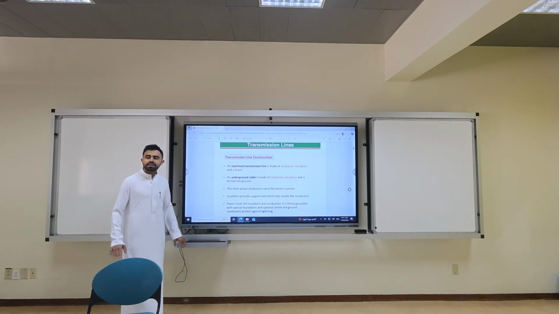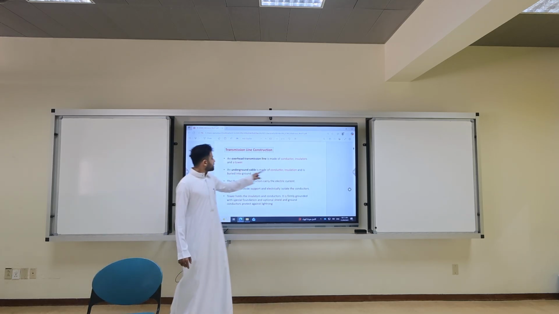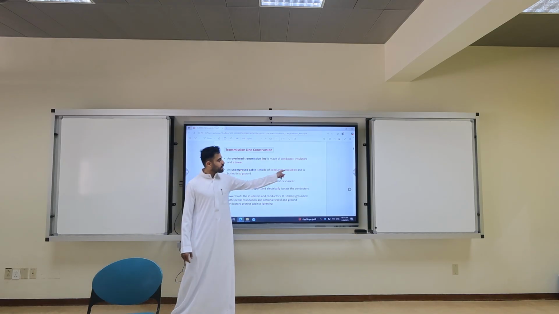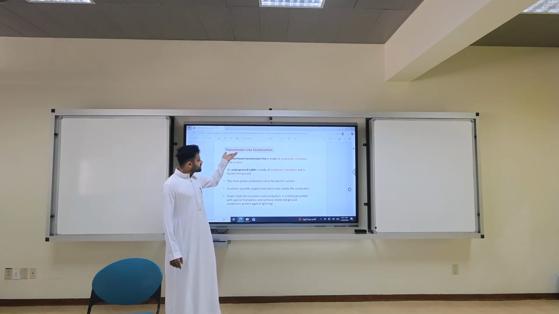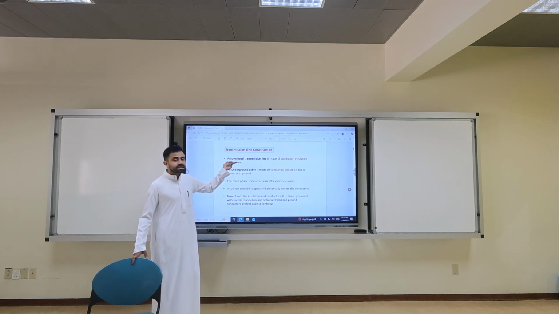Let's look at how we construct them. We need conductor, insulators, and tower. If it was underground cable, we just need conductor and insulators. We don't need tower. What is the difference? Which one is better? It depends. The overhead one is easier for maintenance, maybe more dangerous.